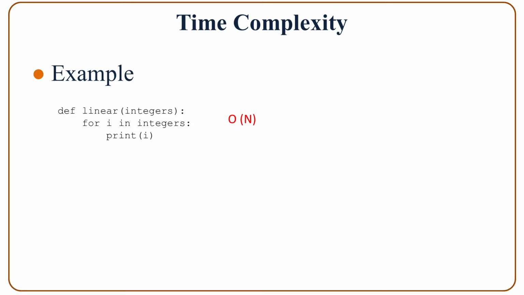Now let's look at some examples. Given a function, namely linear, with an array of integers, we have a loop, and we loop through the array and print the elements in the array.